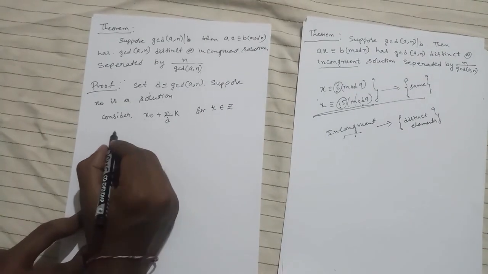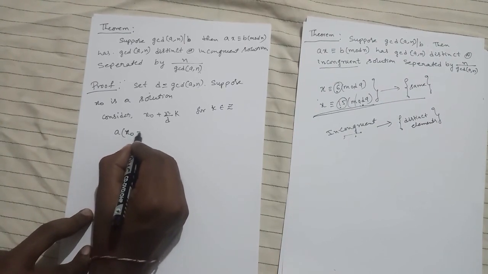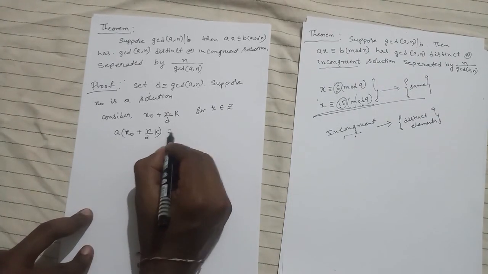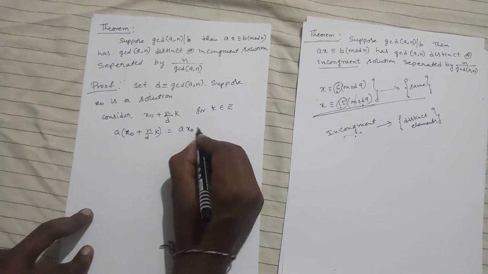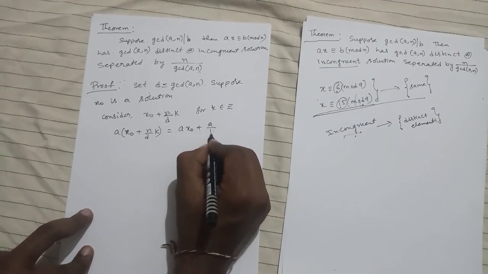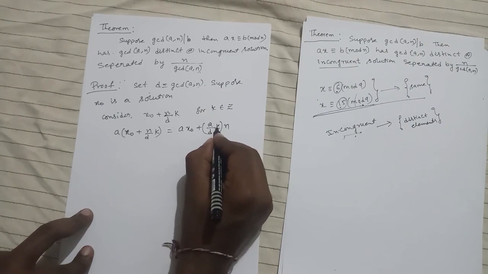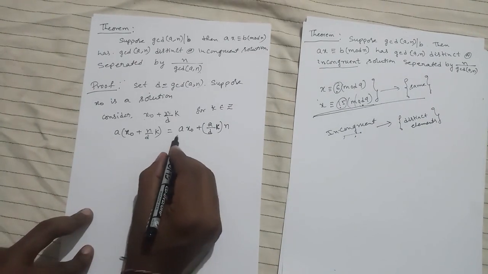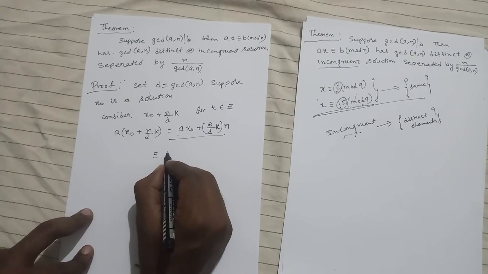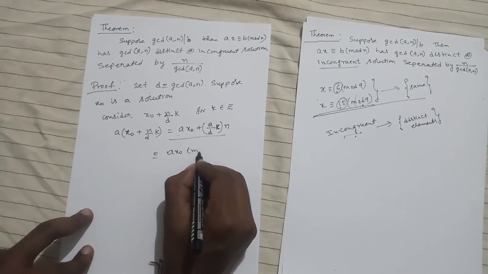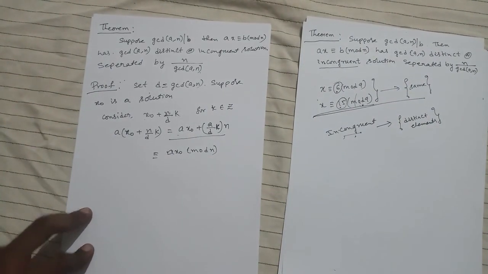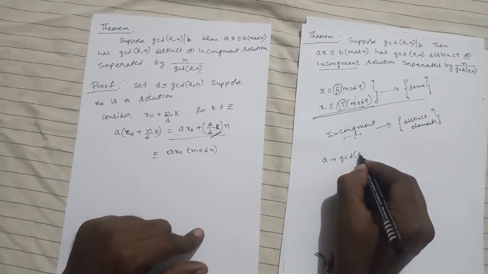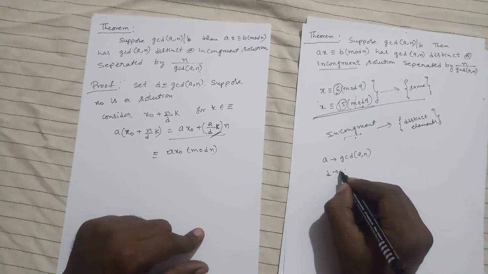Now I'll multiply this by a. So a into x naught plus a into n divides d into k. So this equation can be written as congruent to a x naught mod n. Look here, a is also... the GCD of a comma n and d is also here.